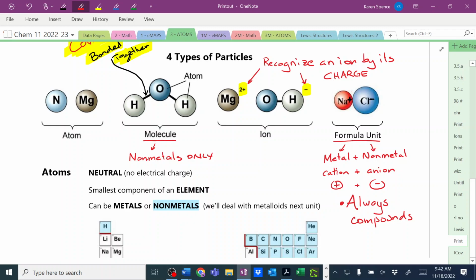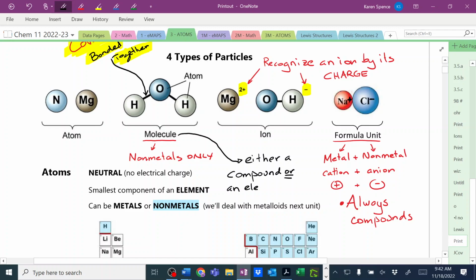Now, a molecule can either be a compound or an element. So formula units are always compounds.